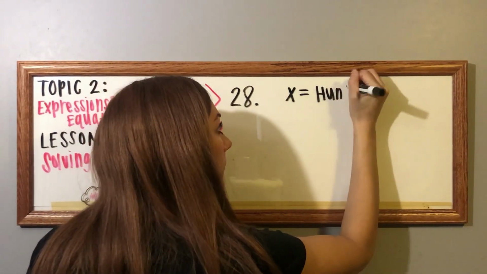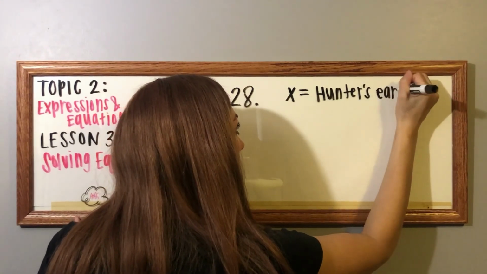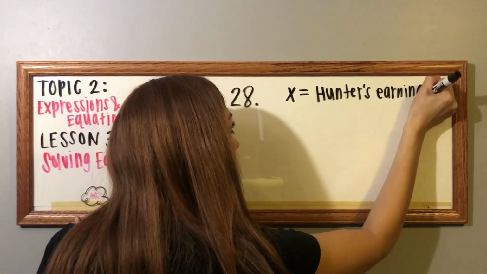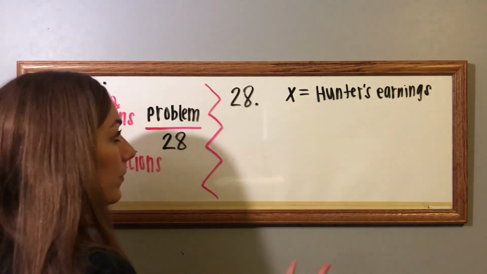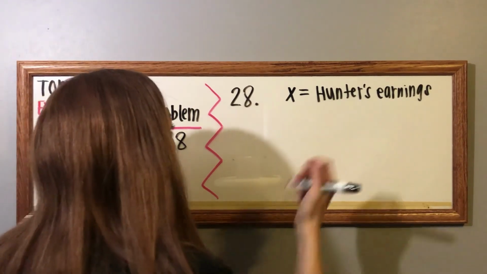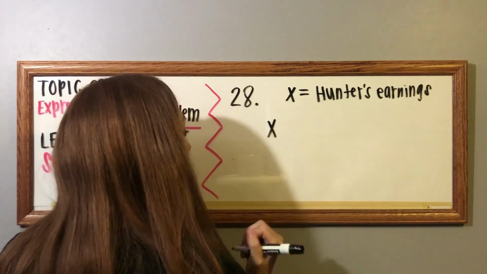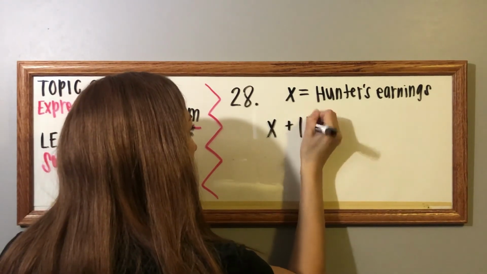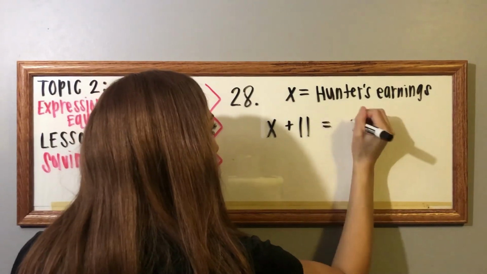So my x is going to be Hunter's earnings. I don't know how much Hunter made, but I know that Ray earns $11 more than Hunter. So whatever Hunter made, x, I can add $11 to that, and that's going to be what Ray makes. And Ray made $25.